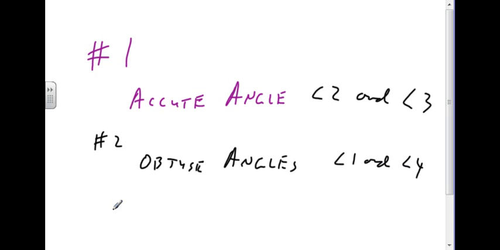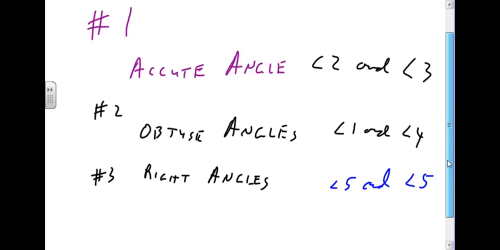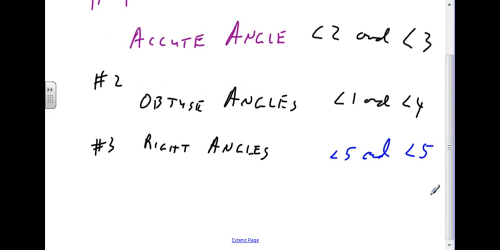Number 3. Name 2 right angles. It should be this simple always, right? 5 and 6. How could it be anything other than 5 and 6, the only ones left? Number 4.